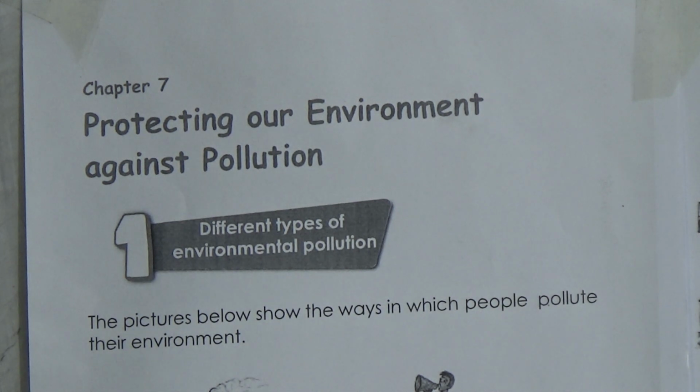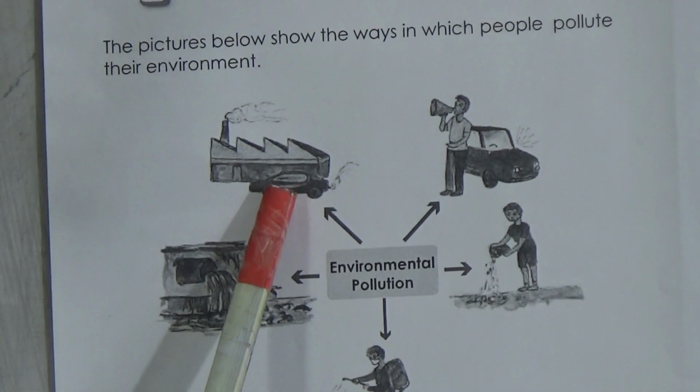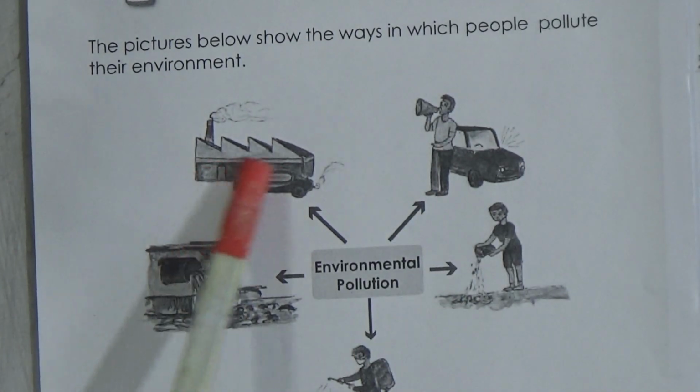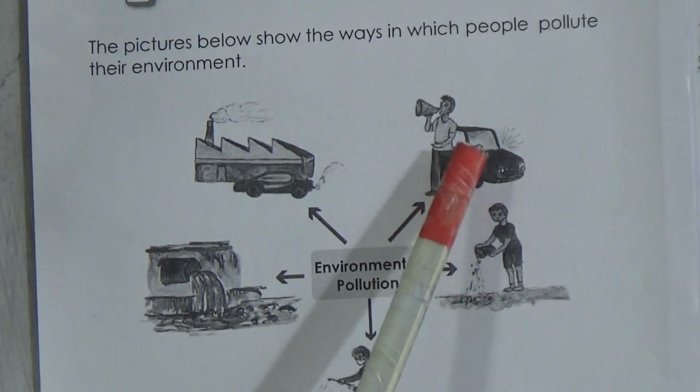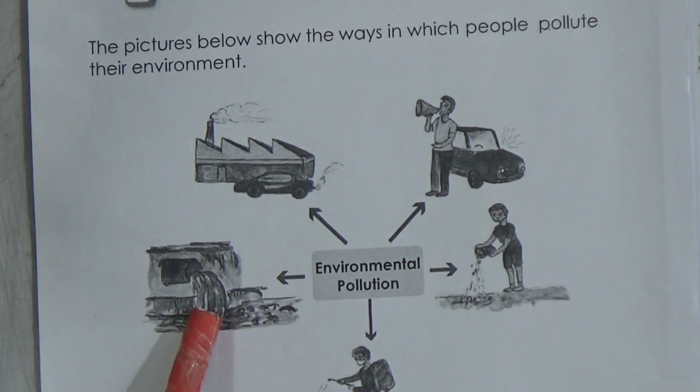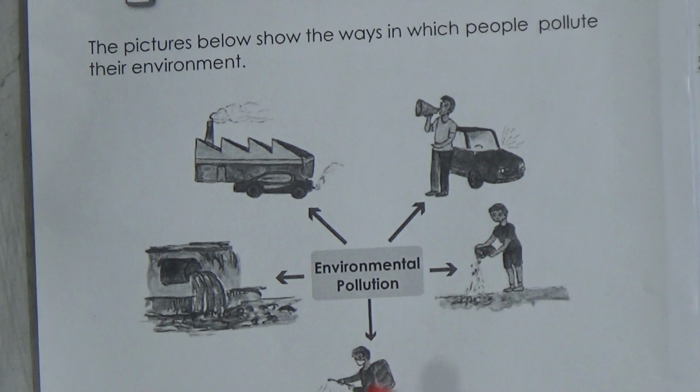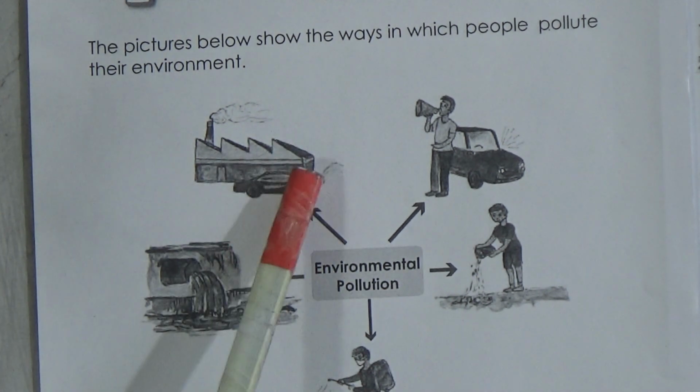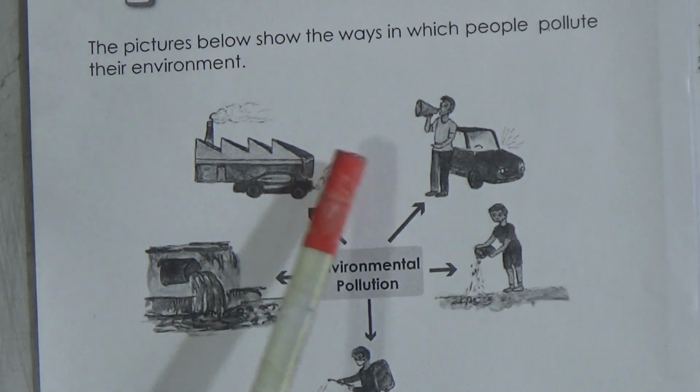Here are given 5 types of environmental pollution: air pollution, sound pollution, water pollution, rubbish pollution, and earth pollution. This is air pollution. We know air pollution. Our environment is polluted in many different ways.